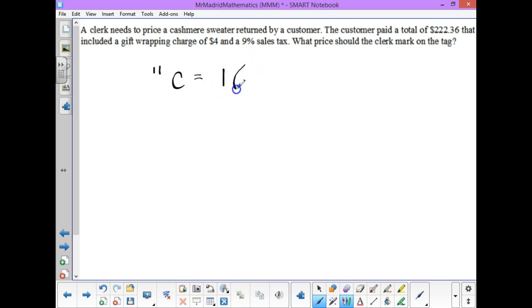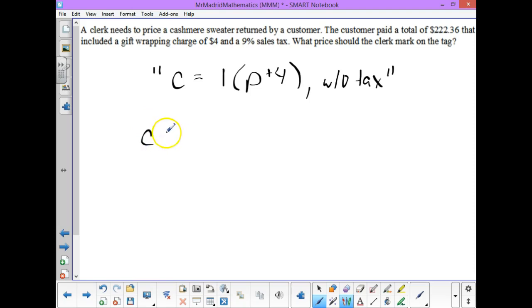Okay, I would spend $1 for what? For each dollar essentially that they're charging me for the item plus the $4 additional for this wrapping charge. Okay, now comma, this is without tax. So the fact that there is a tax tells me to do the following.